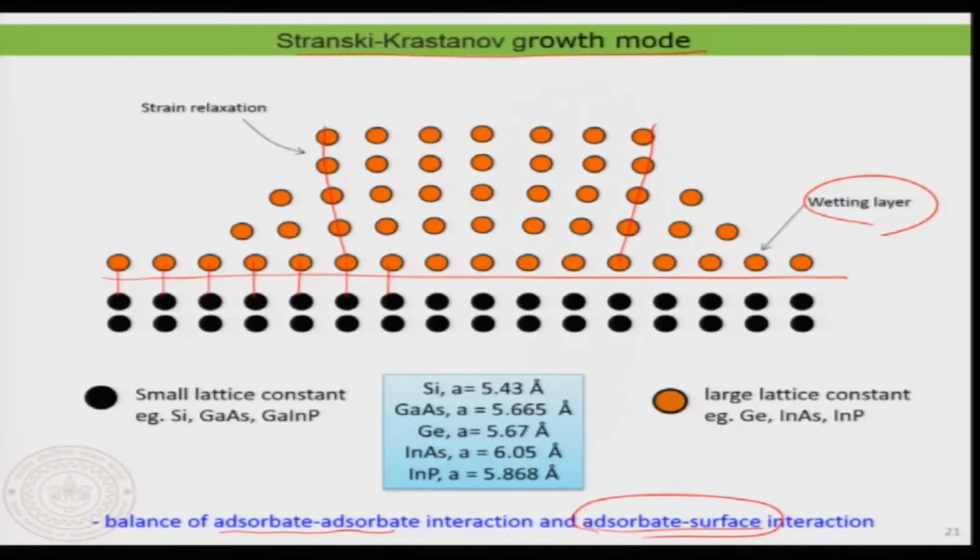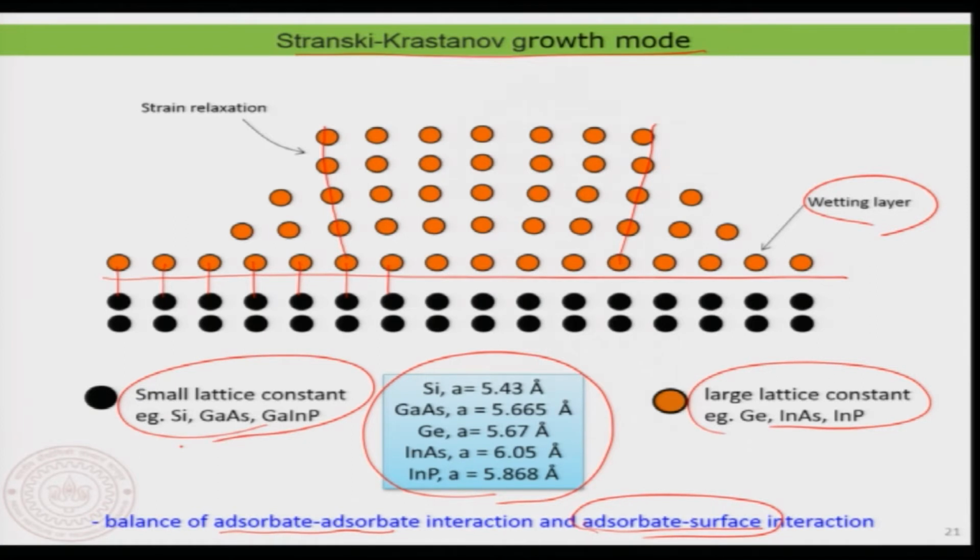And just for an understanding, I have given here a set of examples and also the bulk lattice parameters of different materials. You can see that typically if you want to form this, you can choose different types of materials which have a large lattice constant and materials which have a small lattice constant.